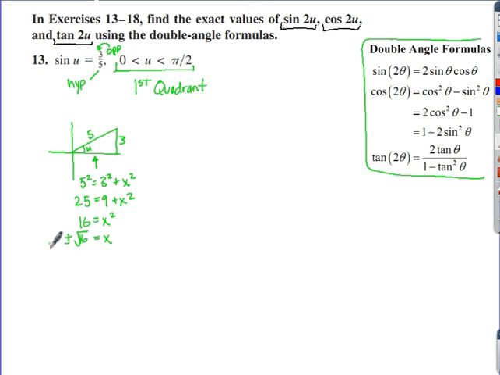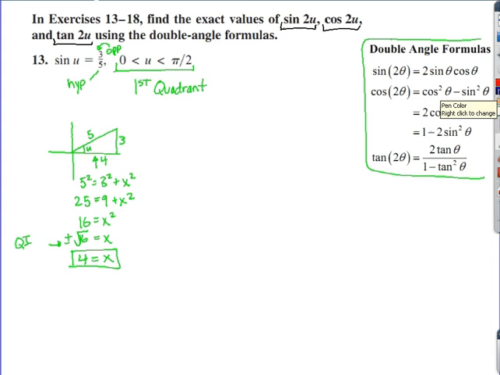But the minus wouldn't make sense. We know we're in quadrant 1, so we only need the positive, so x equals 4. By the way, it wouldn't hurt you to memorize this 3, 4, 5 triangle. It does come up a lot. We have all the information we're going to need, so let's go on and solve the problem now.